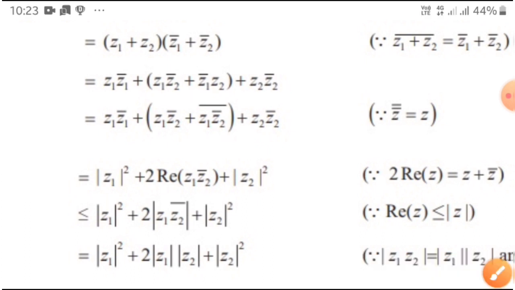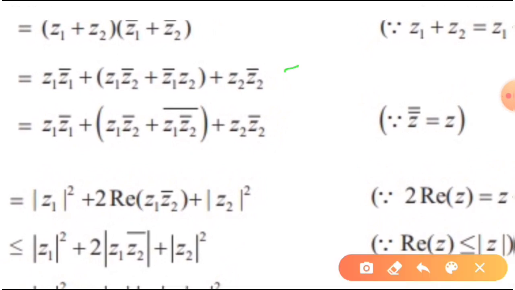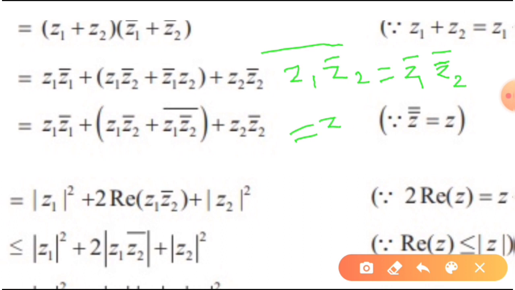Look here. z1 z2 bar the whole bar is equal to z1 bar into z2 bar whole bar, and z2 bar the whole bar is z2, so that is equal to z1 bar z2.